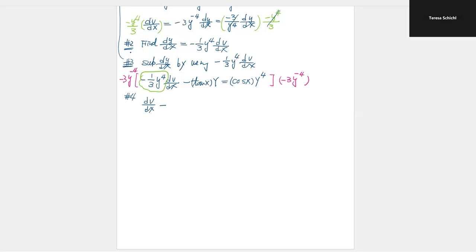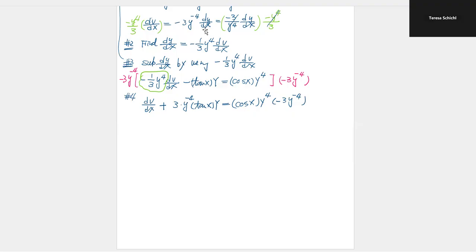And the minus minus is positive, so plus 3 y^-4 tan x times y, equal to cosine x y^4, and now I have negative. -3 y^-4. Oh, I need to be careful here.